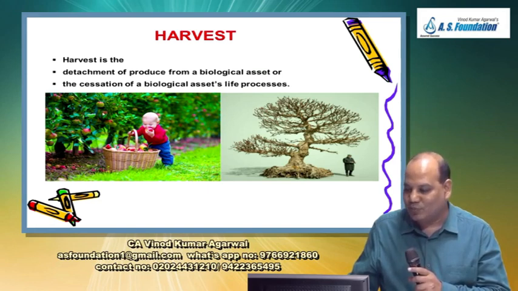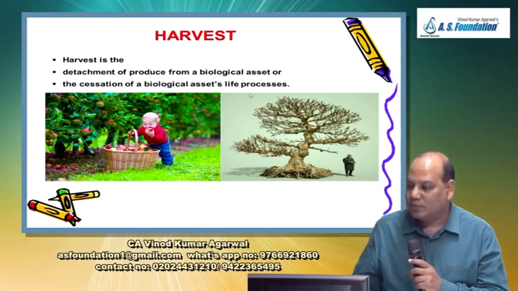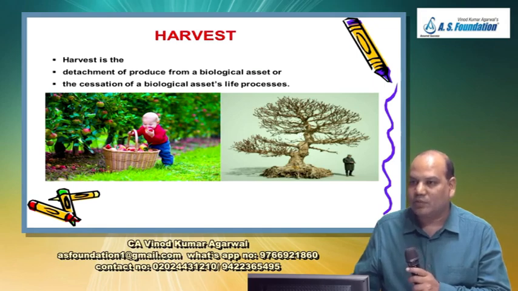This chap removed the fruit from the tree. So what has he done? He has harvested. In this chapter, his act is that of harvesting. His eating also, that is different. Or the cessation of a biological asset's life process. So if the plant, suppose this plant dies, then it is called harvesting. Or if the animal dies.